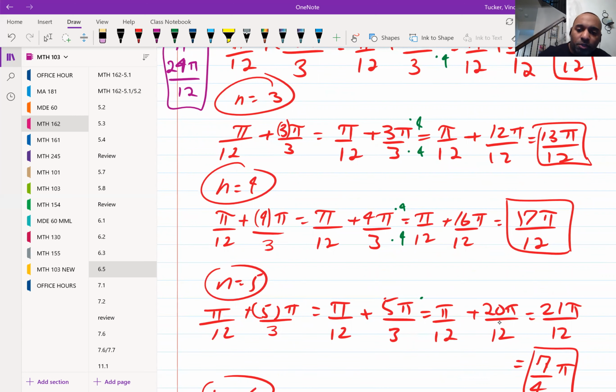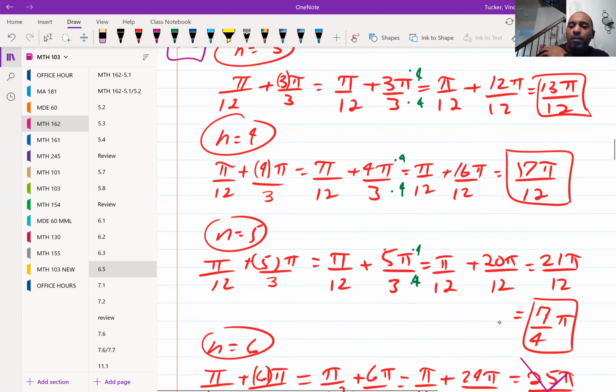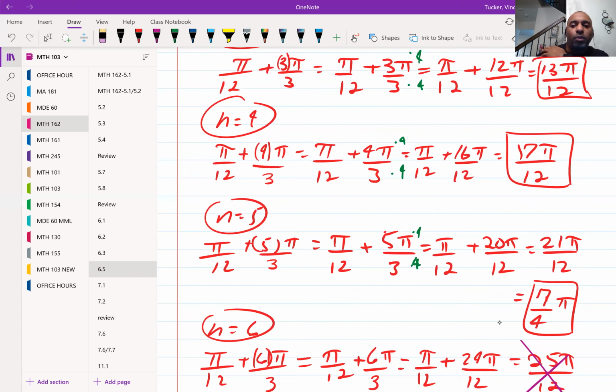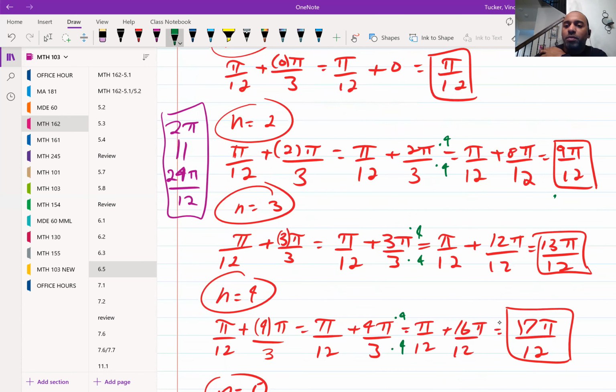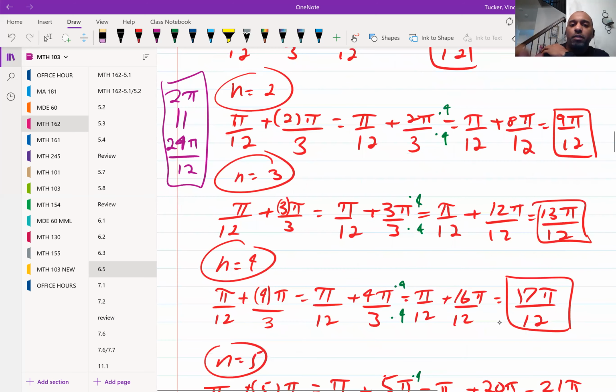Make it a little closer. So that'll be 20 pi over 12 plus pi over 12, which is 21 pi over 12. You can reduce that down to 7 pi over 4. I think that was the only one that could reduce. We could have reduced this one as well. But it's good enough. We'll be all right.